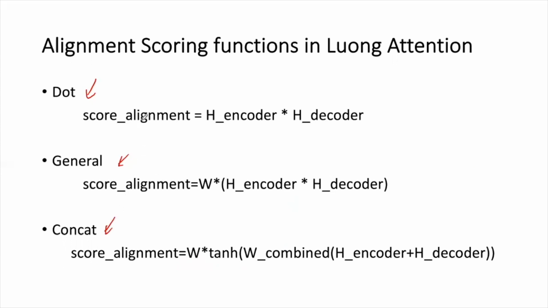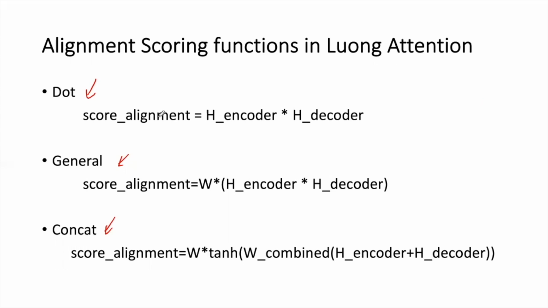Typically, what this alignment function does is calculate the similarity between the encoder and the decoder. That's our goal actually: we assign a score to each of the encoder vectors. The score represents how relevant the encoder vector is to the decoder vector. The relevance is indicated in one way by the similarity.